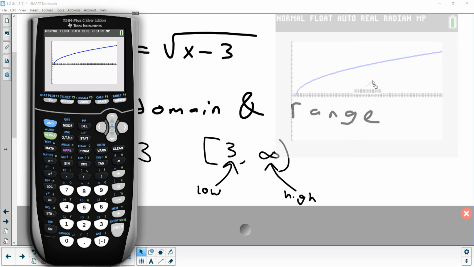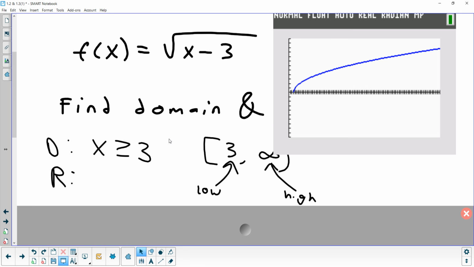Now that I have a nice picture, I can answer what the range is. So the domain is left and right. In this case, it's everything from the number 3 to the right. Range is up and down. What's the lowest that it looks like my graph hits?